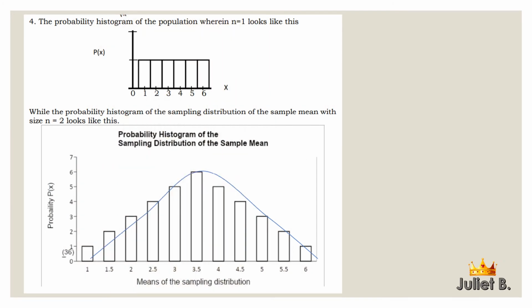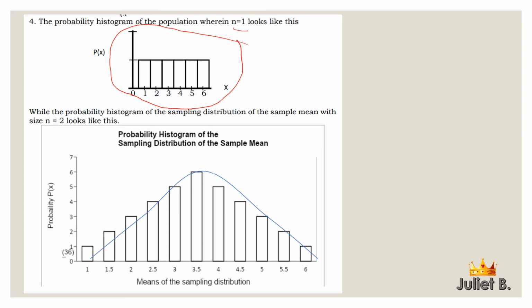Bukod pa doon, may difference din ang kanilang probability histogram. Dito, sa unang activity natin, the probability histogram of the population wherein N is equal to 6 looks like this. Ayan, kung titingnan nyo, kasi pare-pareho yung probability nila 1/6.